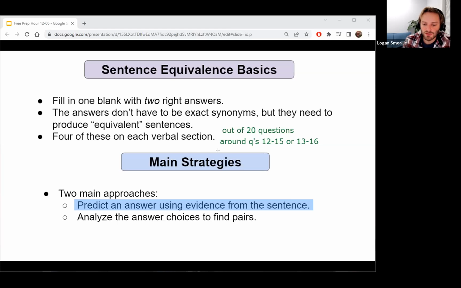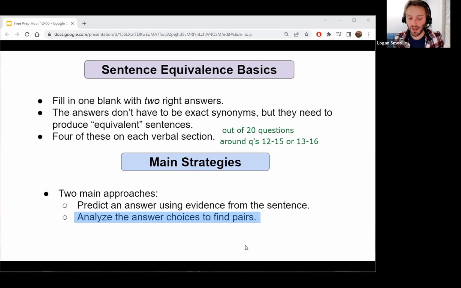But there is another tool available to us here, and that is actually looking for those pairs in the answer choices. There will often only be certain answers that make sense together. And if the 2 answers aren't a pair, you can't pick them.